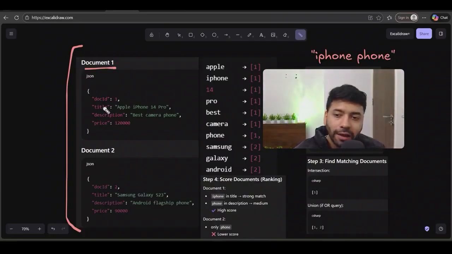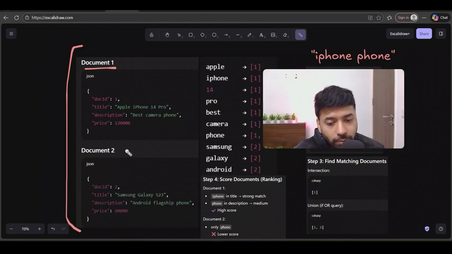So we decided to give more weightage to the title. Document 1 will have a high score because iPhone is present in the title and phone is also present in the description. Although description is given low weightage, both of the keywords are present, and there is very high weightage because iPhone is present in the title.